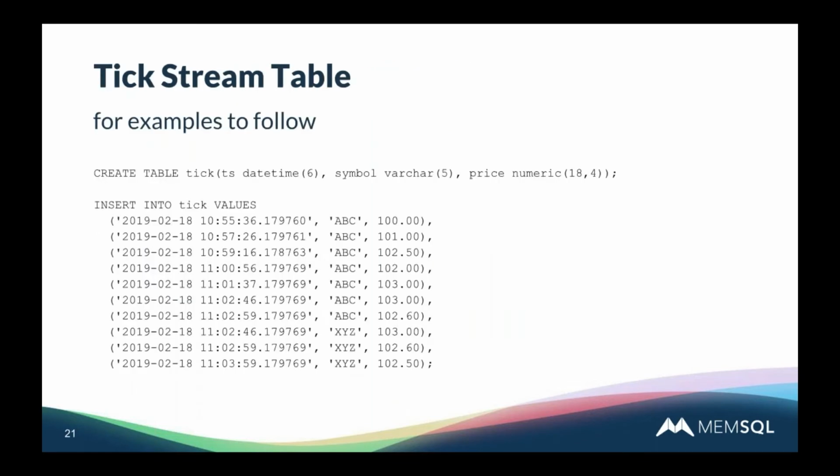So I'm going to give a simple example of a time series application just based on a tick stream. Imagine that you have a very simple financial tick stream, which has a table called tick, which has a high resolution datetime 6.